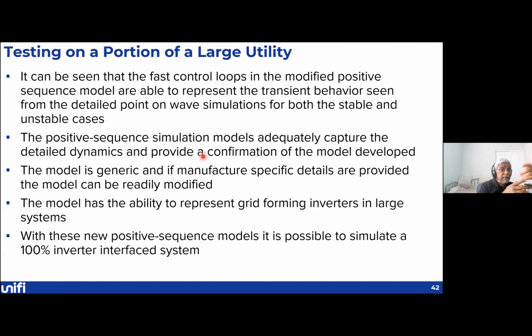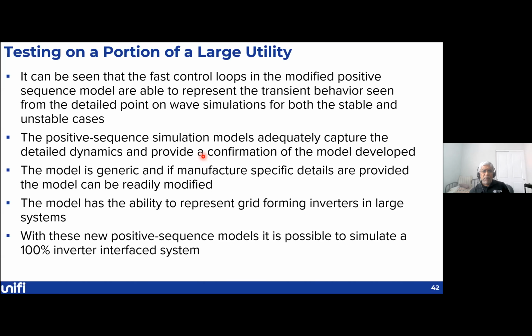The model is not manufacturer or vendor specific, it's generic. If manufacturer specific details are provided, the model can be readily modified. So I don't think that is a limitation in any of these models. And the model has the ability to represent grid forming inverters in large systems.